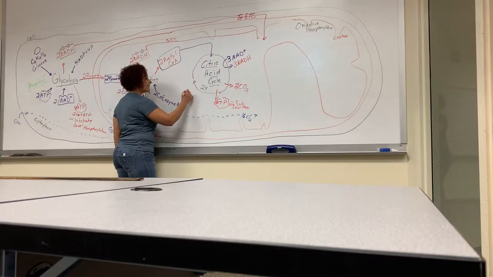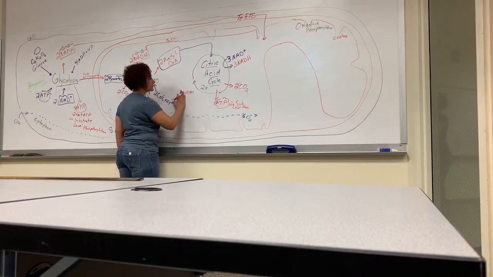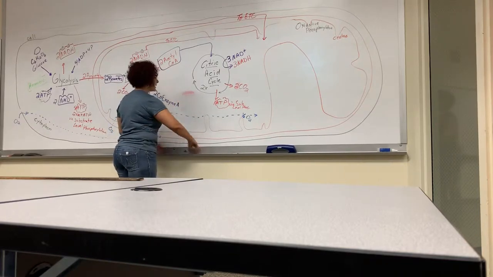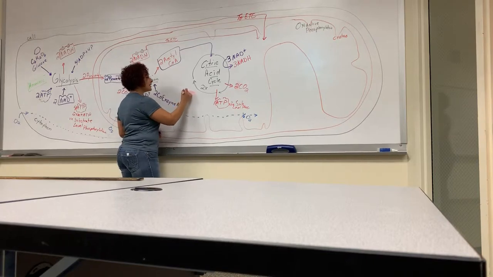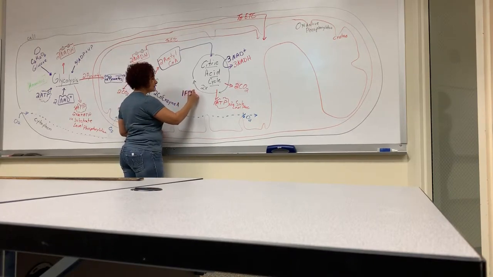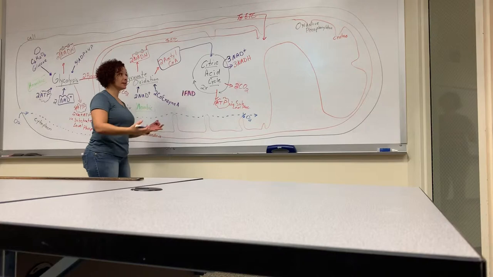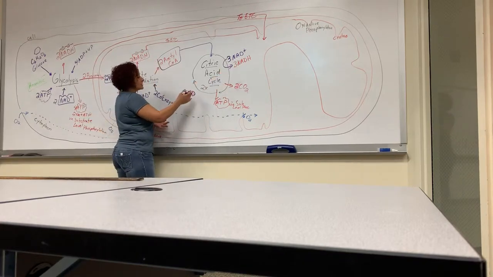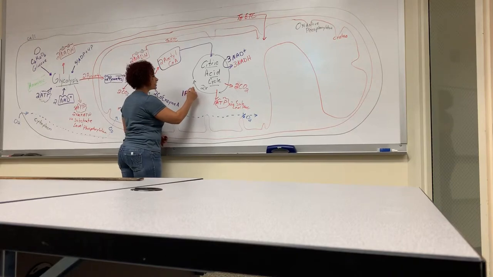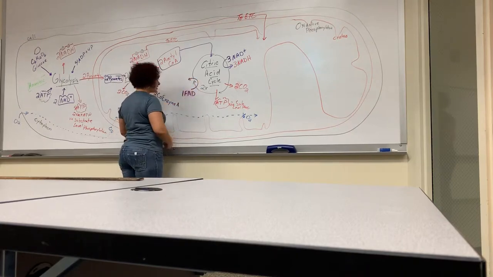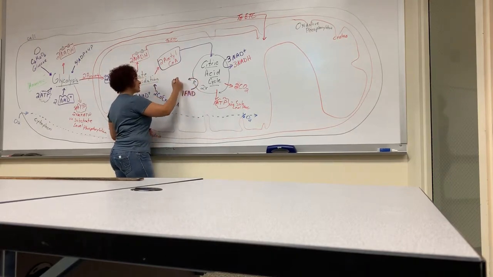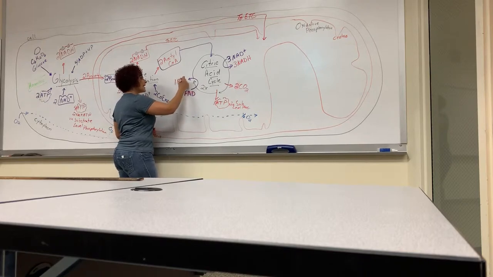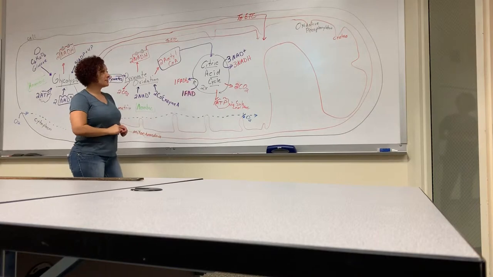You have 1 FAD going in. This is another vitamin, another type of B vitamin, just a slightly different molecular configuration. It goes in, grabs 2 H's, and comes out as 1 FADH2. That is the big picture.